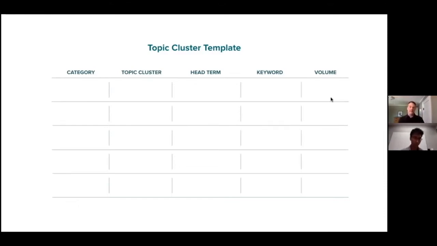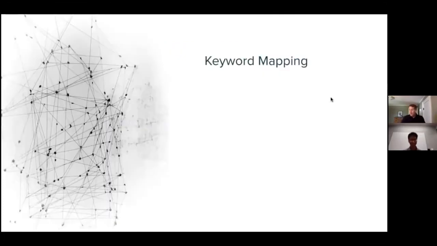This is the visual of how that would look in a spreadsheet. If you want to screenshot it, that's fine, but like I said, I will be sending an email around as a follow-up.